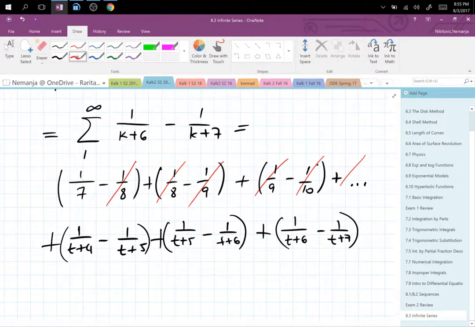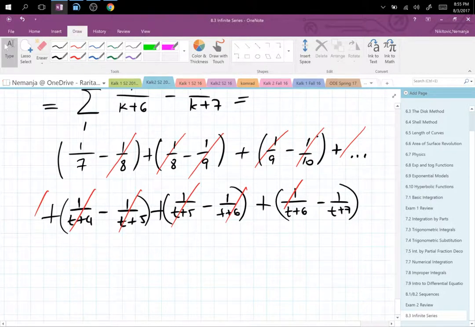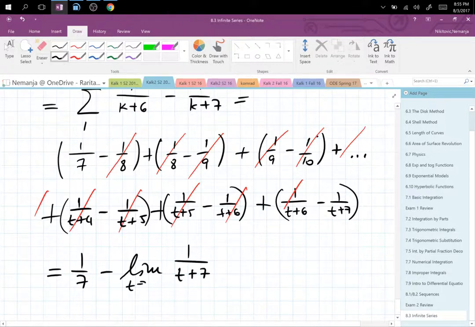And if you look at these, cancel, cancel, and this one will have to cancel over there. So the whole problem is equal to 1 over 7 minus the limit of 1 over t plus 7 as t goes to infinity. And you got your 1 over 7.